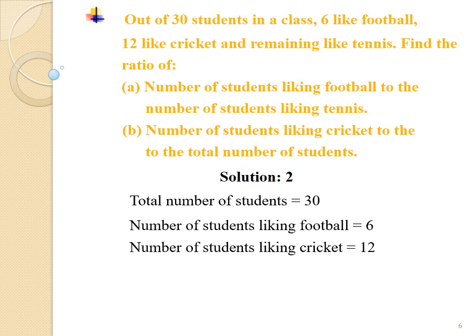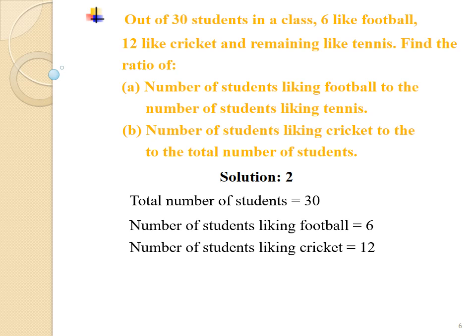Students, in order to get the number of students liking tennis, we have to find out the sum of number of students liking football and cricket, and then we have to subtract the sum we obtain from the total number of students in a class.